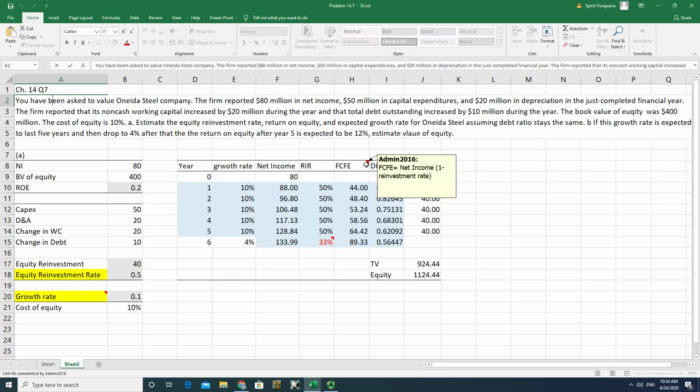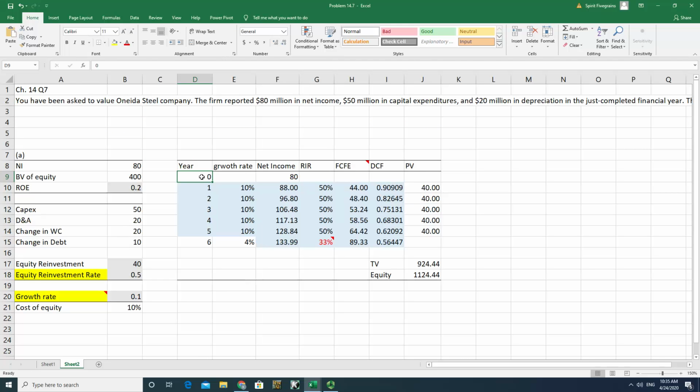Right? So let's build this table. This two-stage model. Year 0, net income $80 million. You have no number on depreciation, amortization, and other items. In the 5 years of high growth, you don't know the growth rate. You need to estimate that, although you see 10%, but that 10% is something that I estimated in the table on the left.